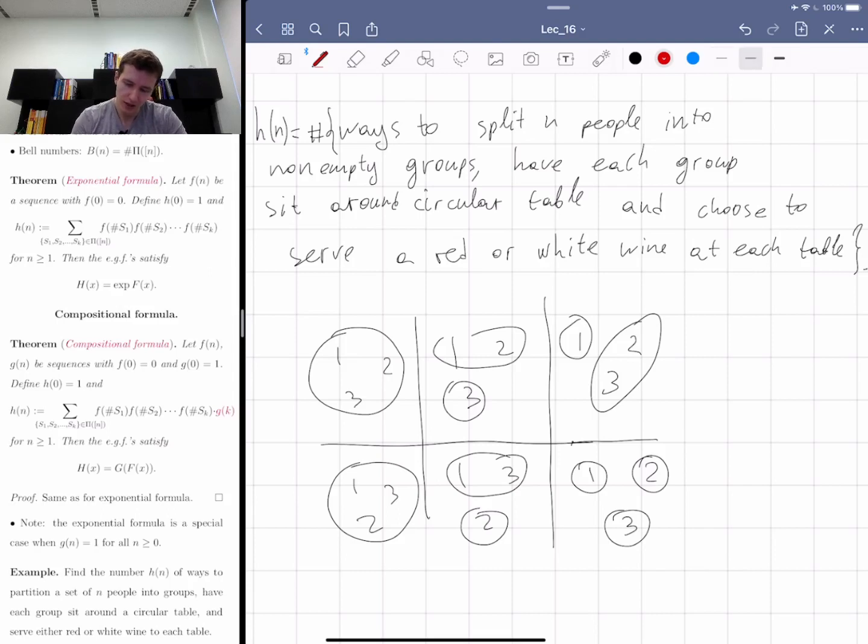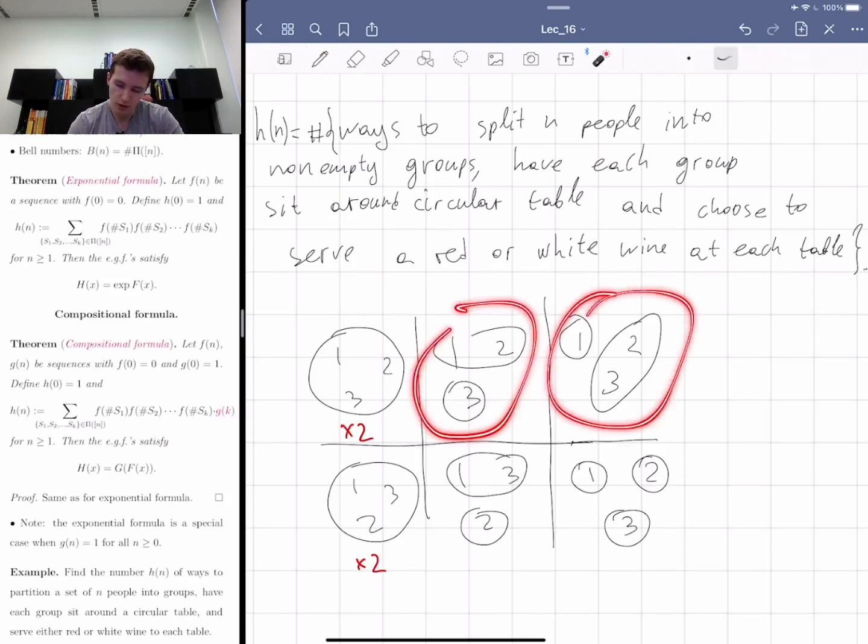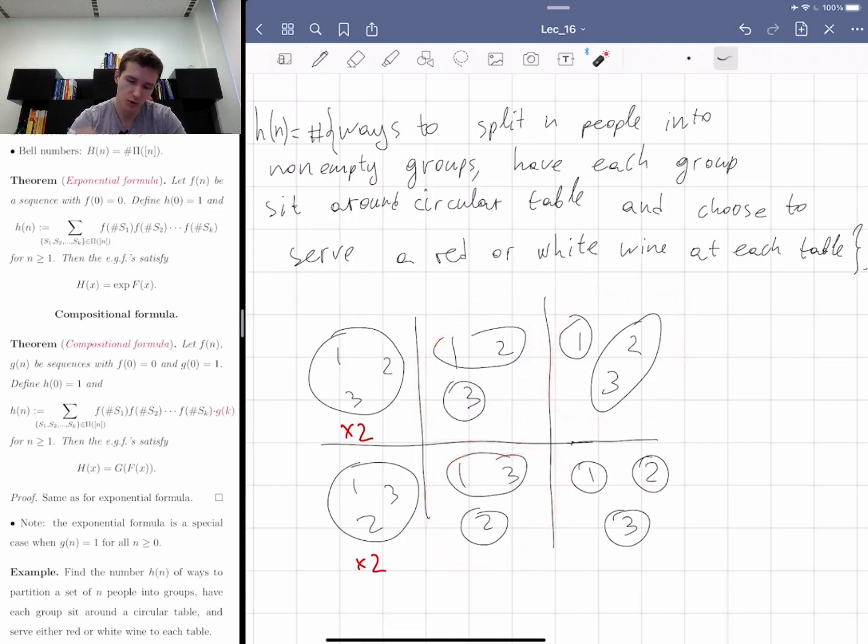On the left I have only one table, so there's going to be just two options for this table. So this gets multiplied by two options, right? Now here I have two tables, so I have 4 options for the wine in the two tables.